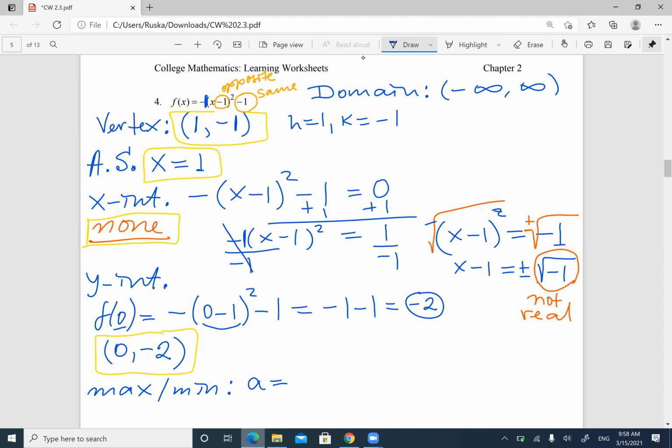So A is -1, and -1 is less than 0, it's a negative number, right? If it's a negative number, the graph is going to open downward, looking like this. If the graph opens upside down, the vertex is the highest or the lowest point?